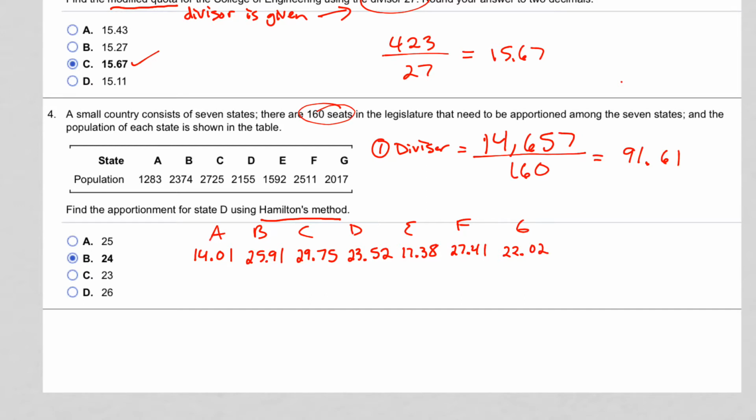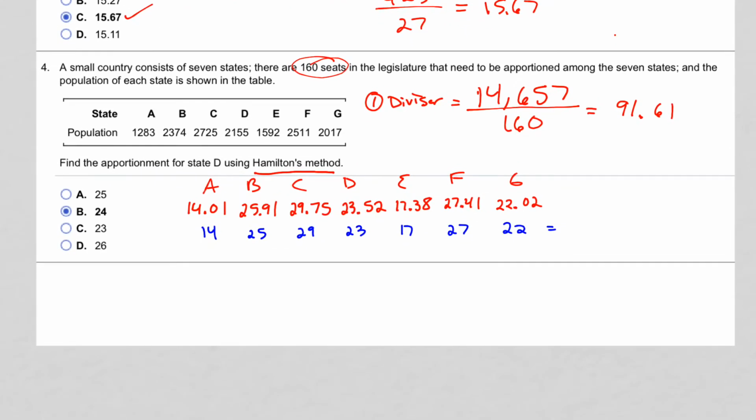All right. So Hamilton says, hey, just round everybody down. Now, if we add these up, it's 157 seats with 3 left over that we need to distribute.